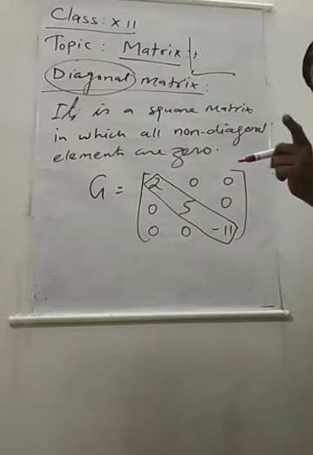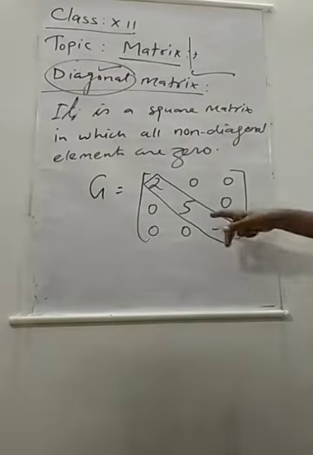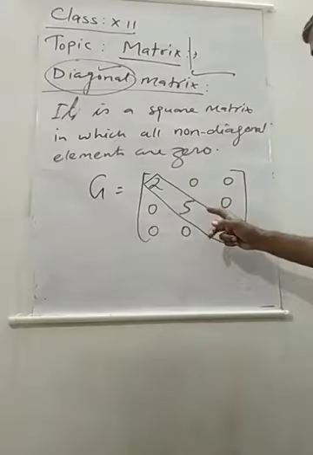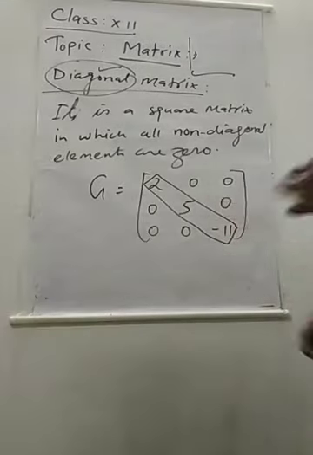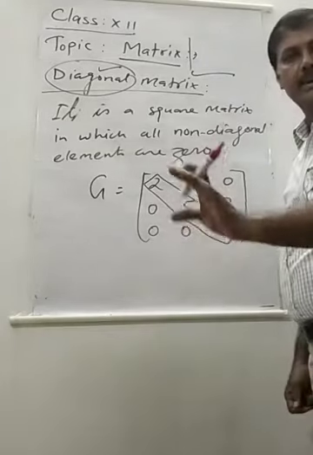This one is the principal diagonal. But if the word diagonal only is used, please understand that it is the principal diagonal only. There is not much focus on the subordinate diagonal.